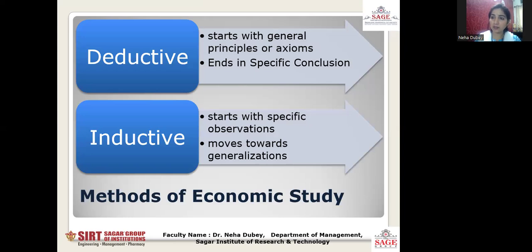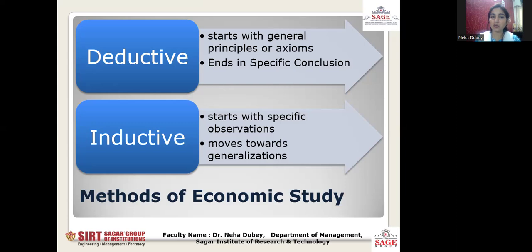Deductive method, as the name symbolizes itself, starts with the general principles or axioms, and ends in specific conclusions. Whereas an inductive study starts with specific observations and moves toward generalization. So we can easily understand that.